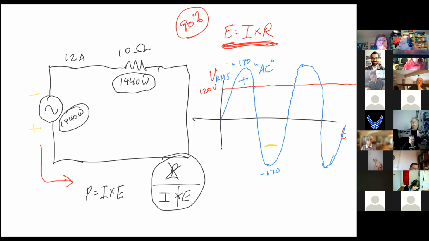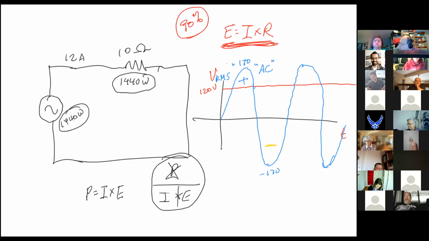We have now selected a new battery, but it's an AC battery, which has a peak at plus 170 and a negative peak at negative 170, which produces the same power as 120 volt DC. And this is known as our power coming out of our wall. This is 120 VAC, and remember that it's RMS. But basically, we just call that 120 volts.